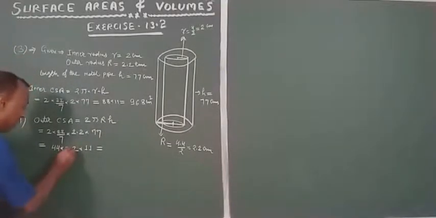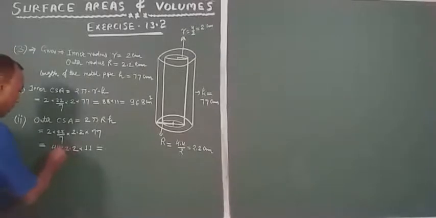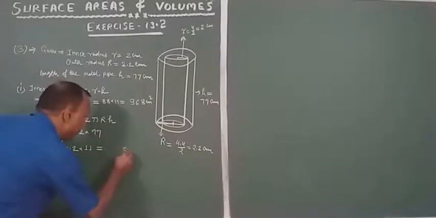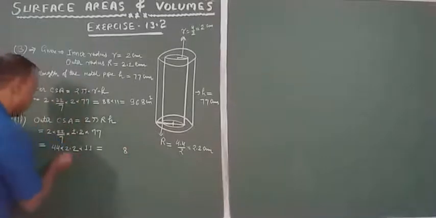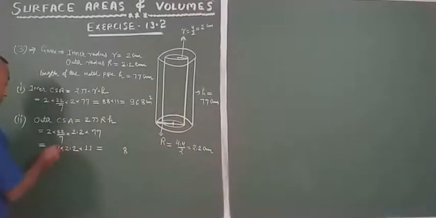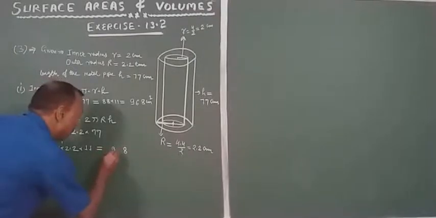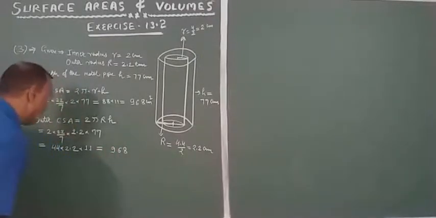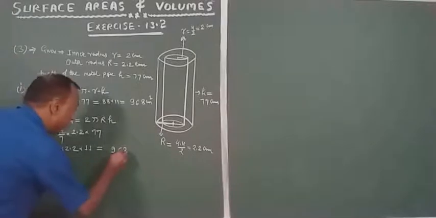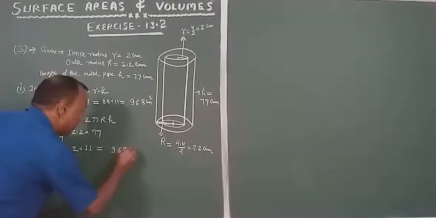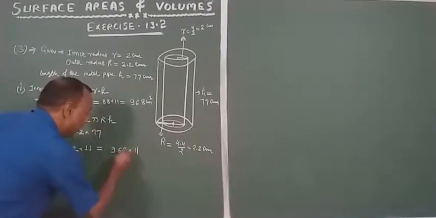First I am multiplying these two: 22 times 4 is 88, and 2 fours are 8, giving 968, and the point will be here, and last it is multiplied with 11.